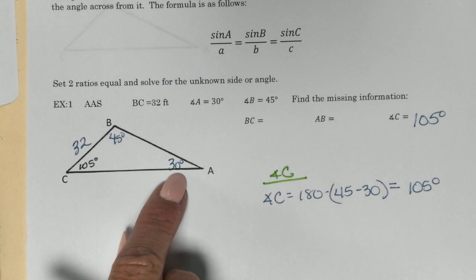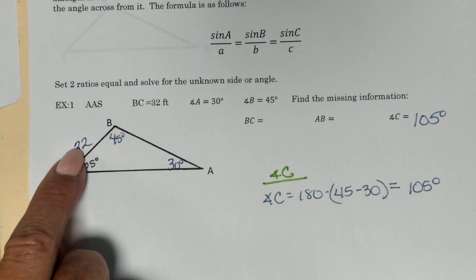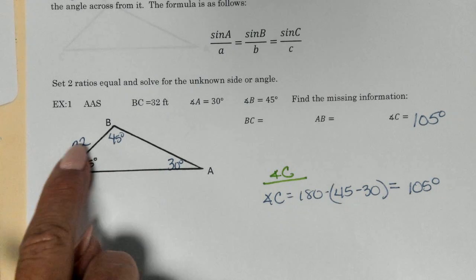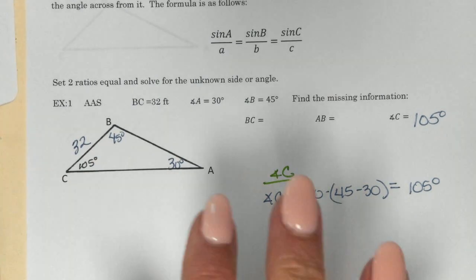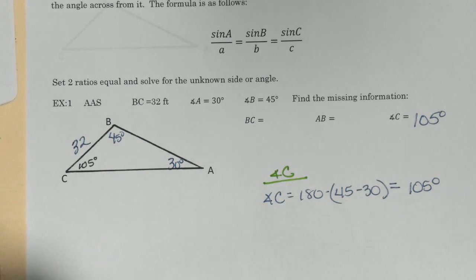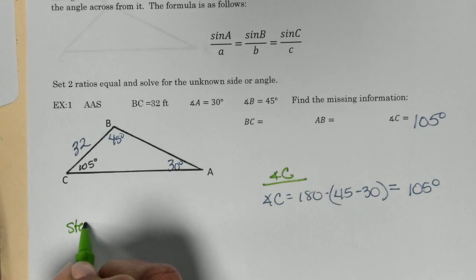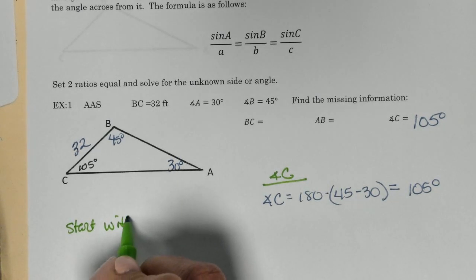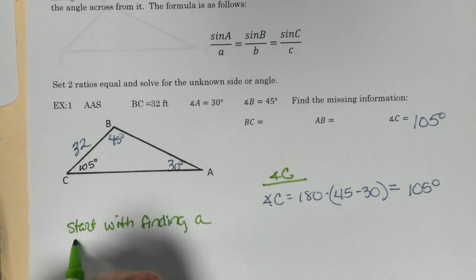Since we know the measure of angle A and the side across from it, this is what we're going to use. So make a note: start with finding a complete ratio.